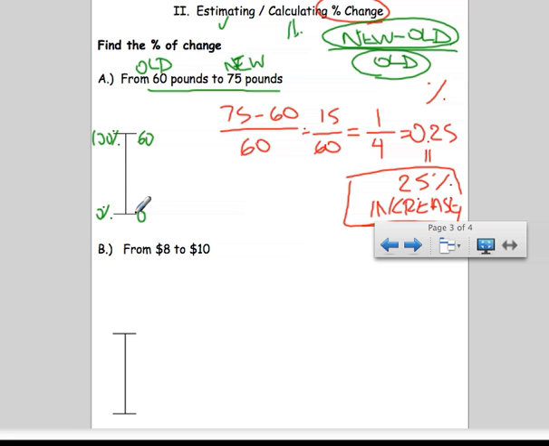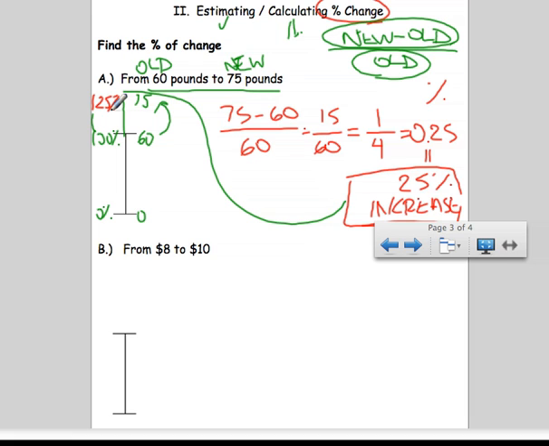This person went from 60 to 75 pounds, so they got actually heavier. And so if their body weight increased to 75 pounds, it's about an increase of 25%, which would be 125% of the person's original weight. They gained 25% of their original weight.